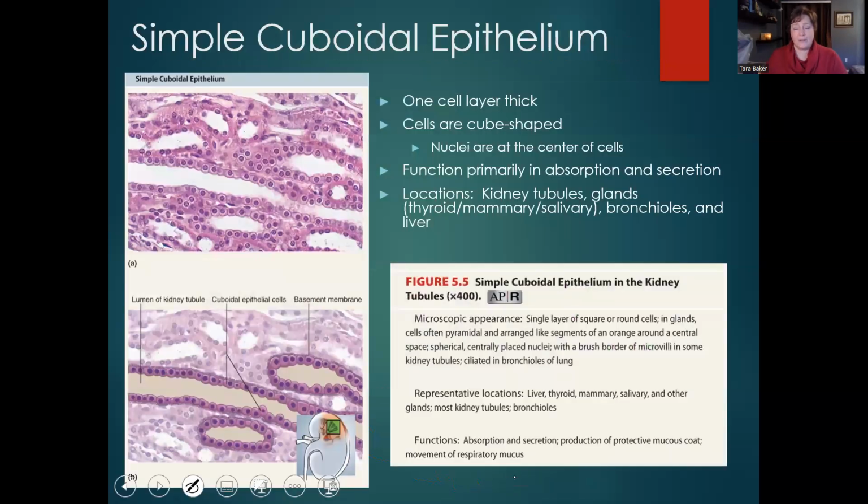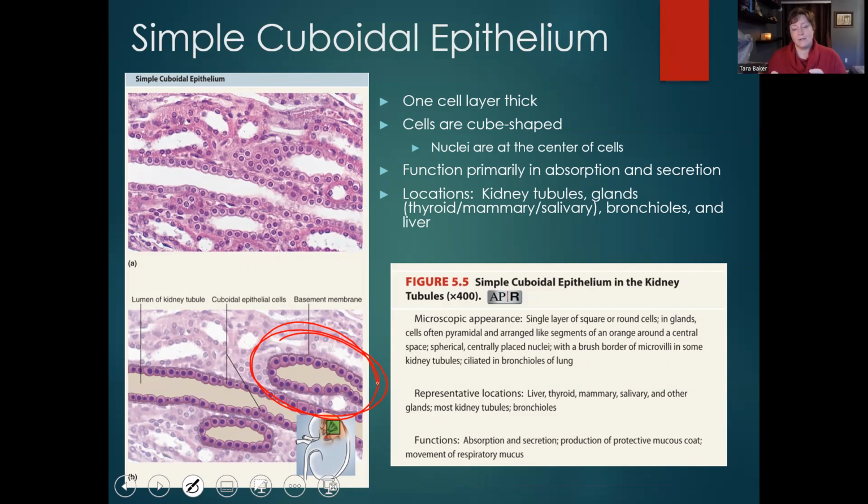Simple cuboidal epithelium is one cell layer thick of cuboidal cells. You can see this is beautiful, especially in this bottom picture. The cuboidal cells are gorgeous. There's one nucleus, a thick lining, and they're really important for absorption and secretion. They're going to be lining your kidneys.